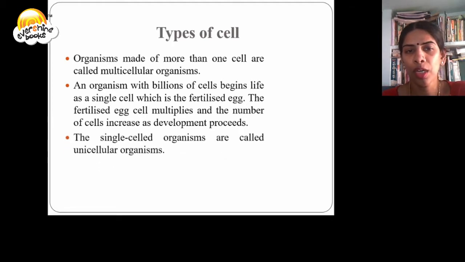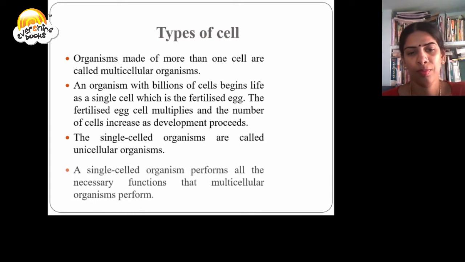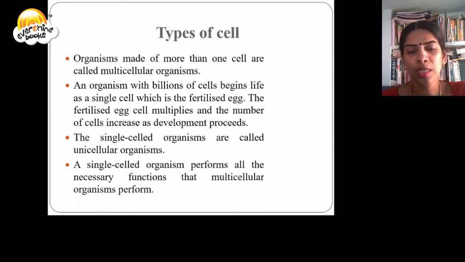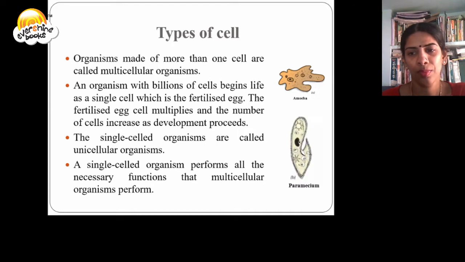The single cell organisms are called unicellular organisms. They perform all necessary functions that multicellular organisms perform. Amoeba is a unicellular organism. Paramecium is also a unicellular organism.